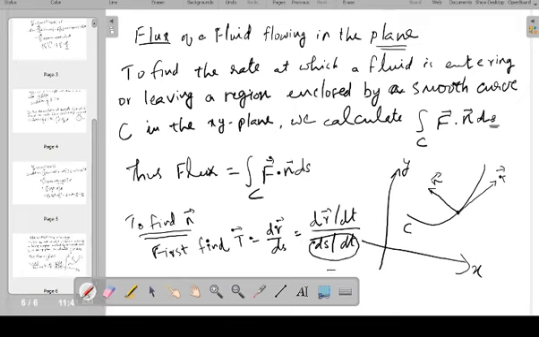So this is dr by dt divided by the norm of dr by dt. This is a vector. It has two components. Let us write it as x i plus y j.